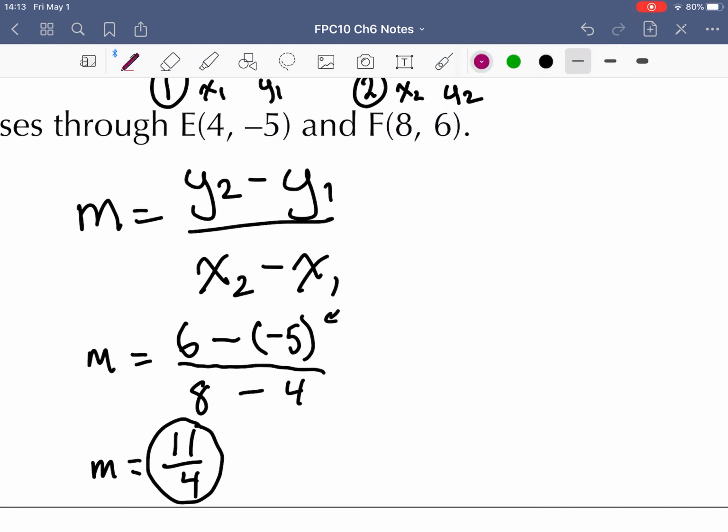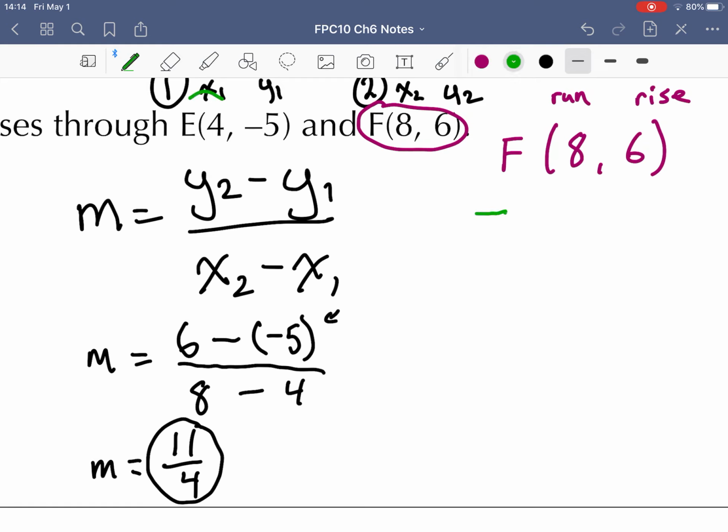You take point 2 and put it on top. Well, it doesn't matter which one goes on top. So F is at the place (8, 6). This is going to be our run. This is going to be our rise. Then from that point, we subtract point E, which is (4, -5).